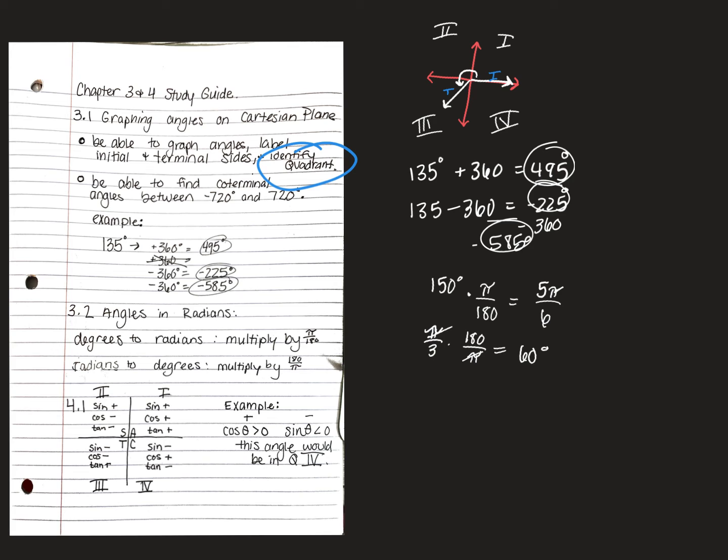Your directions would say, tell me what quadrant your angle is in. And you'll have something like cosine theta is greater than 0 and sine theta less than 0. So that means cosine is positive, sine is negative, so that angle would be in quadrant 4. Right, and remember for the reciprocal functions, it's the same. So if we had secant here, you still treat it like cosine, cosecant with sine, and cotangent with tangent.